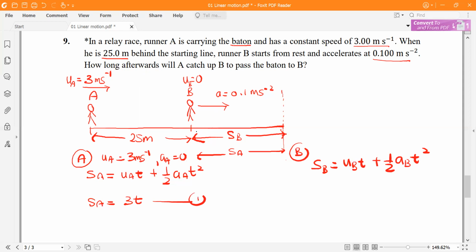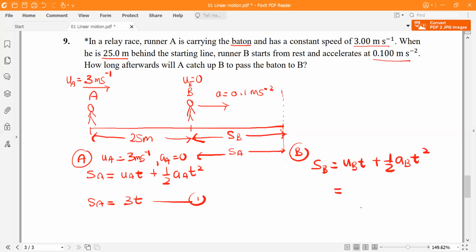The time taken for both persons will be the same because they are going to catch each other. The distance has to be the same and the time will be the same, then only can they come along. Otherwise cannot.